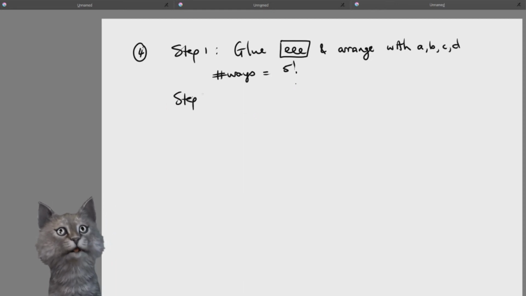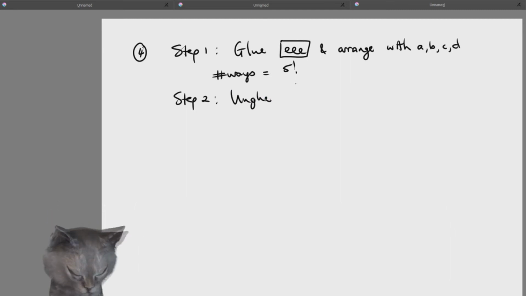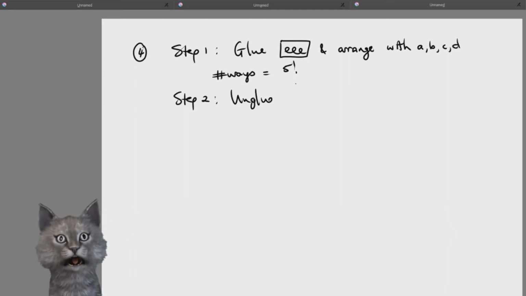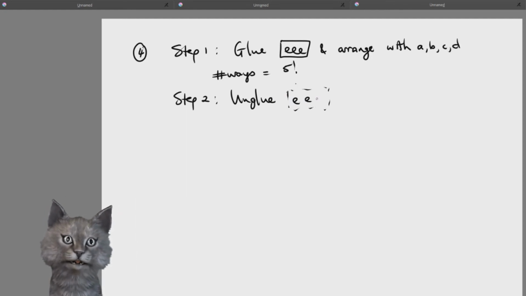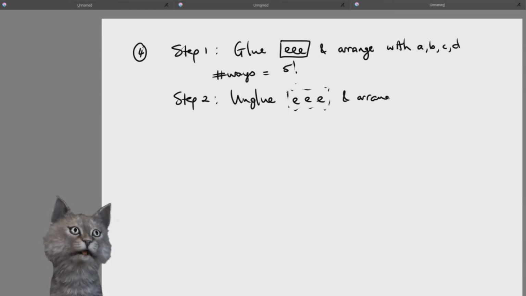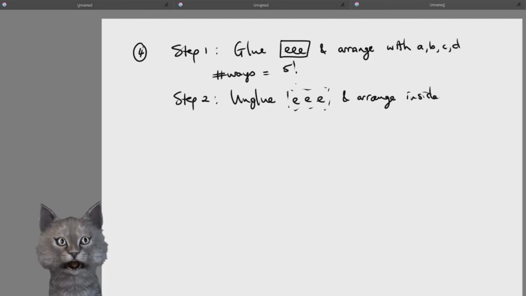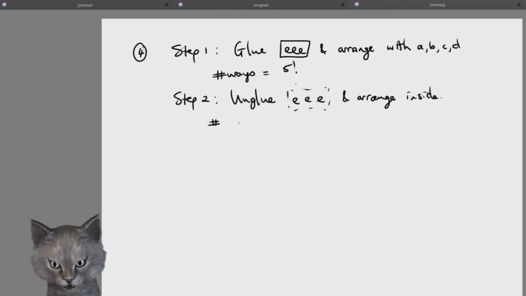But I did glue, so I should consider the next step, which is ungluing. What do I unglue? And yes, unglue is a word. We've decided it is. I unglue my super E, and I check if I can arrange inside it while still making the restriction, the question, happy.